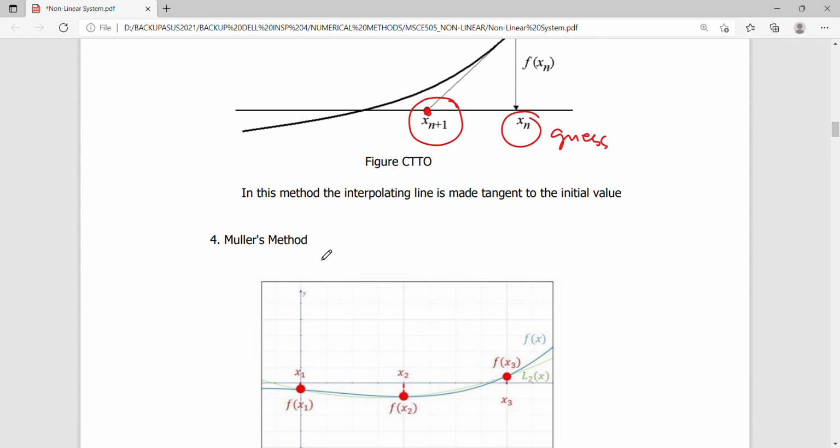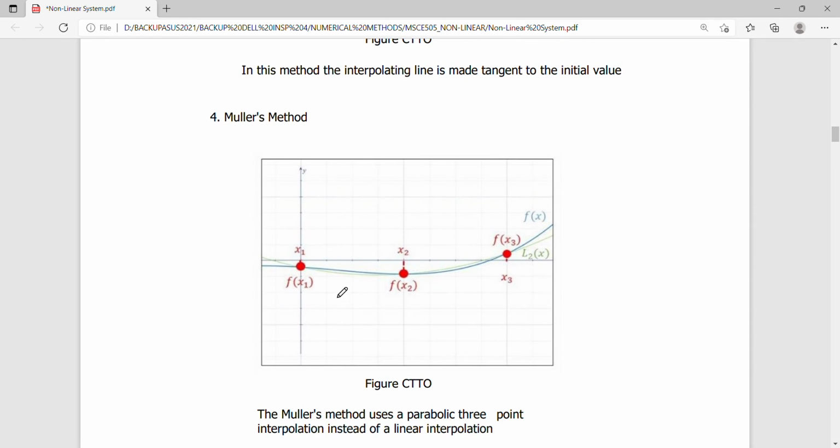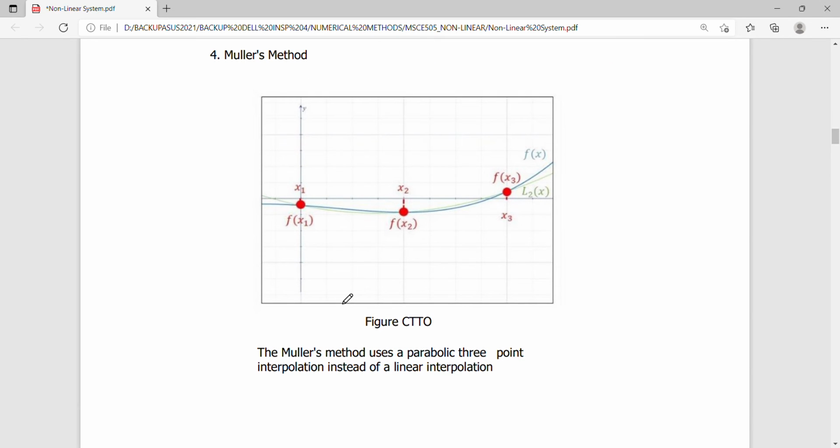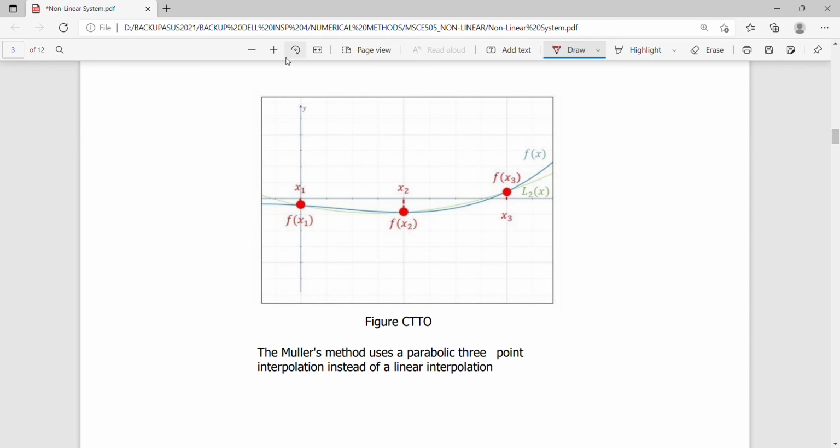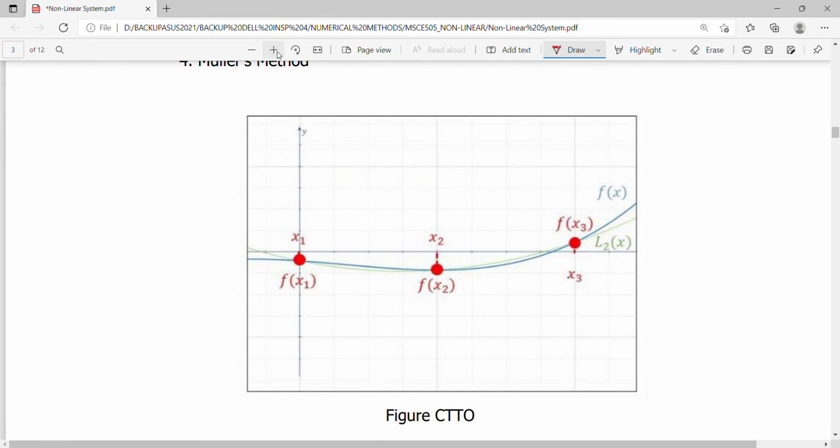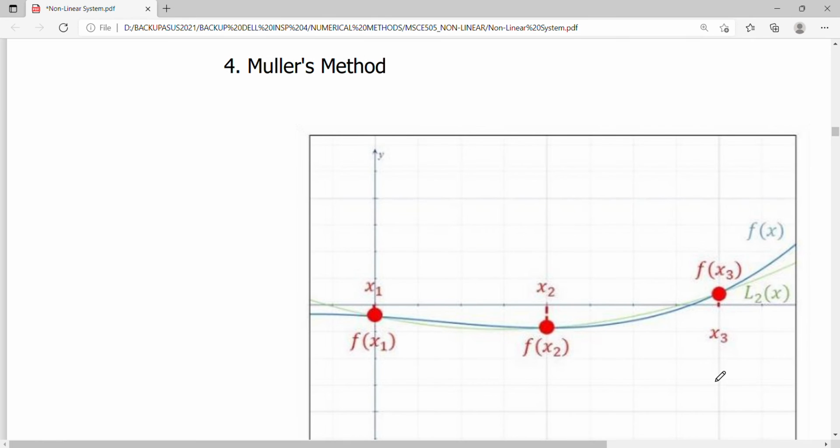Okay. So the Muller's method is just like the linear interpolation method, but the interpolative function is not a line. If you can see the green line here, f of x here is the blue line.